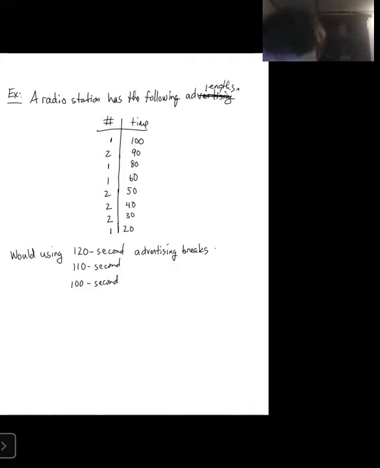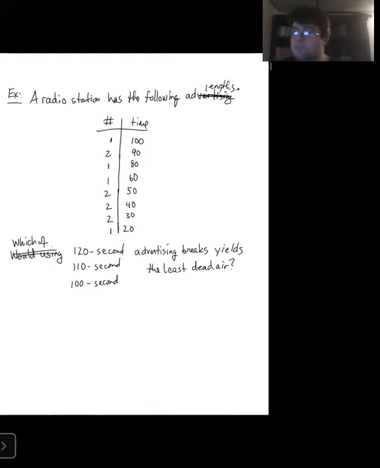I should phrase this question slightly differently. I'm sorry. Which of those yields the least dead air? Dead air in radio, there's no noise. So sorry, which of these three yields the least dead air?